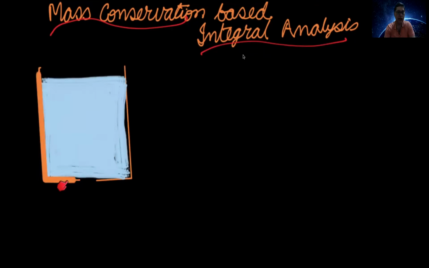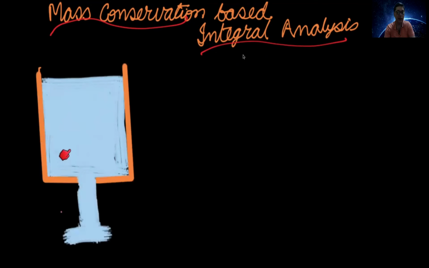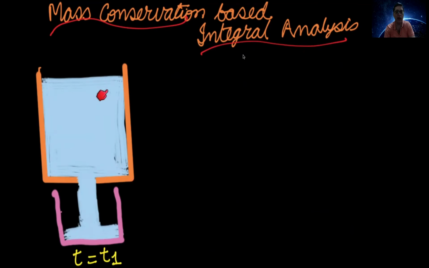So this is a tank which is filled with water, and at a particular time instant, t equals t1, inside the bucket you have this much level of water. I will show you another, later time instant, where the level of water has reduced in the tank and the level of water in the bucket has increased, as shown here.